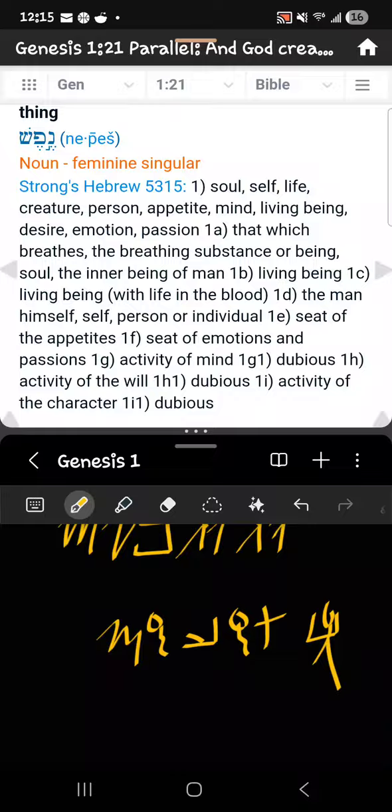Activity of mind. You ever heard of the NPC theory, where people are like NPCs walking around, non-player characters, and they just have certain animations that they do? Like the nefesh, the nefeshi, you feel me?